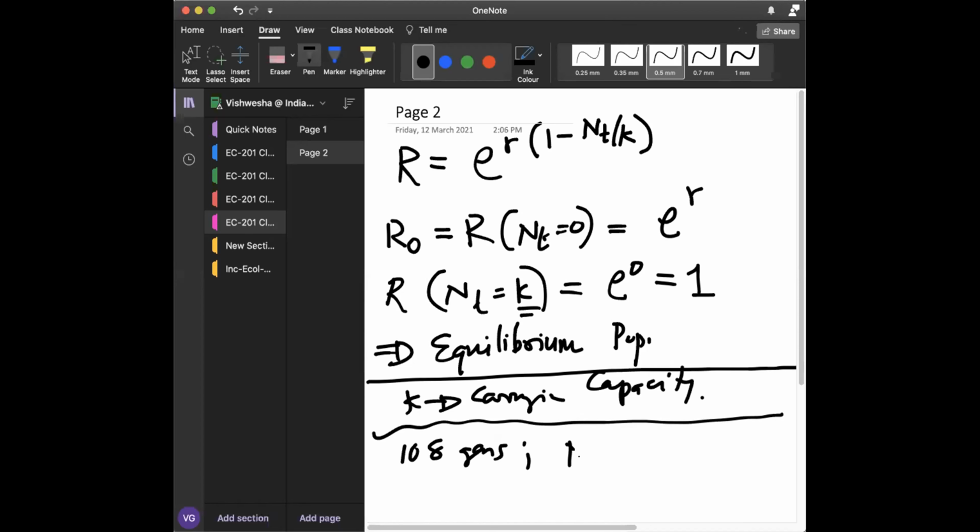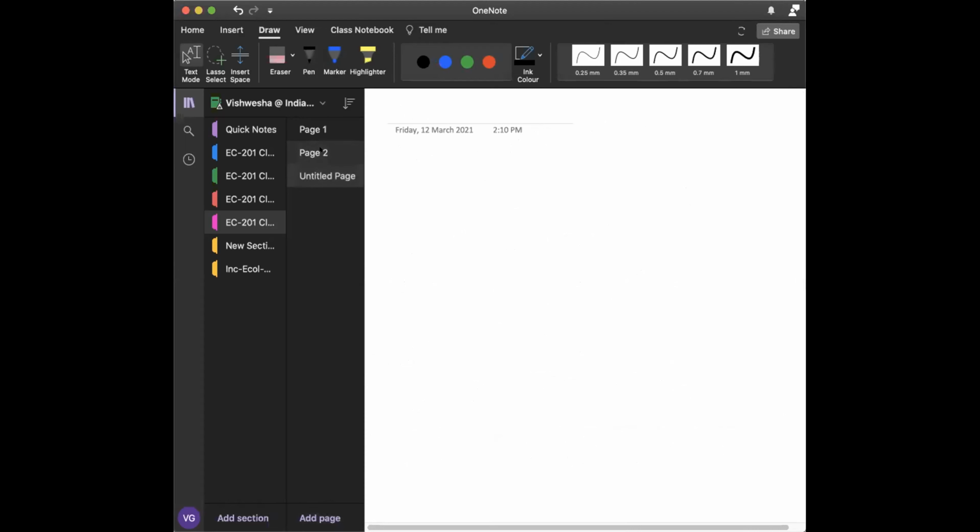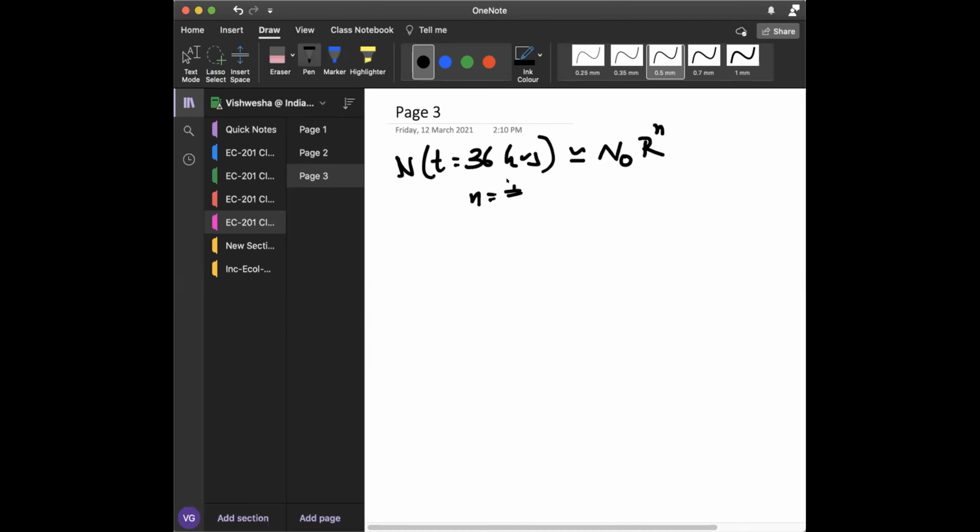So basically, the number of individuals at 36 hours is N0, the initial population, times r to the power n, where n is the number of generations, and we know that it's around 108 for the given number.